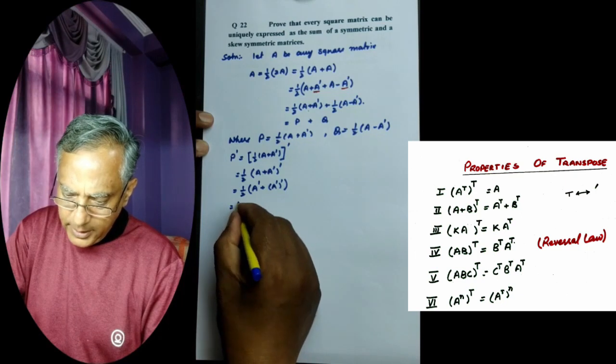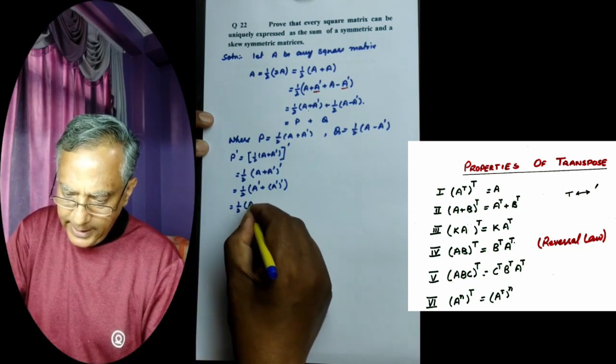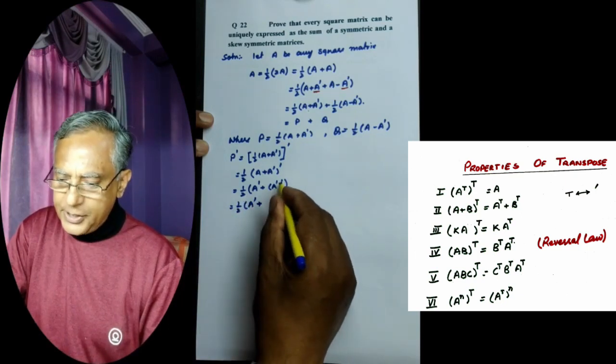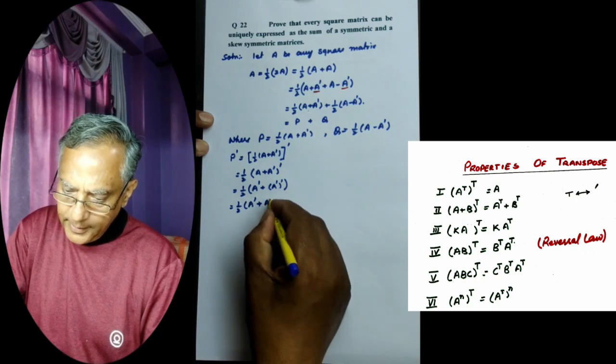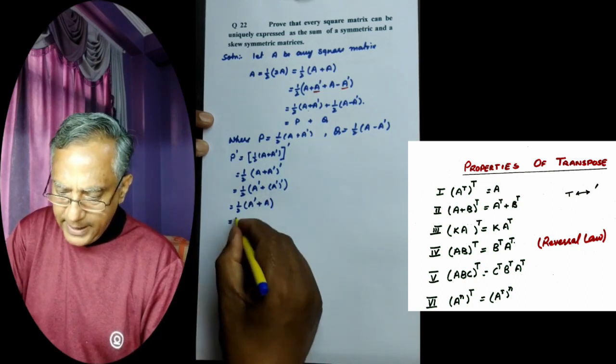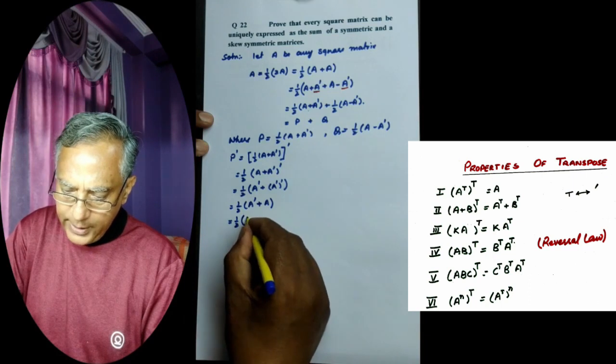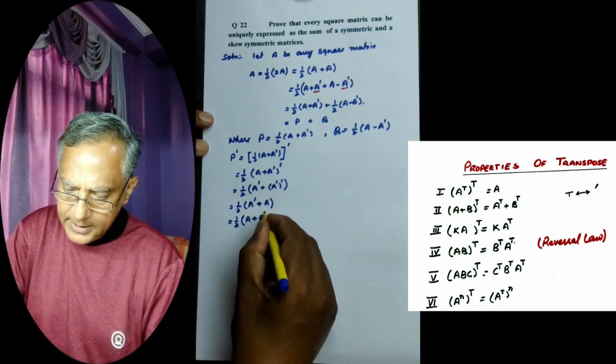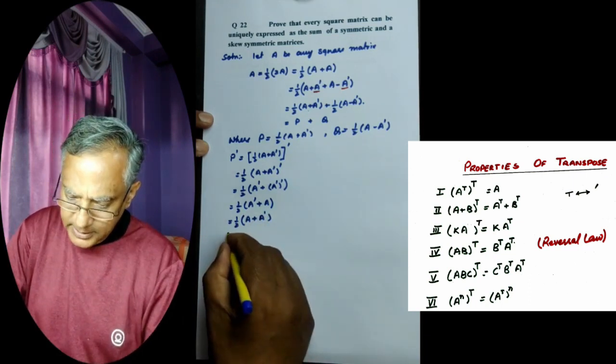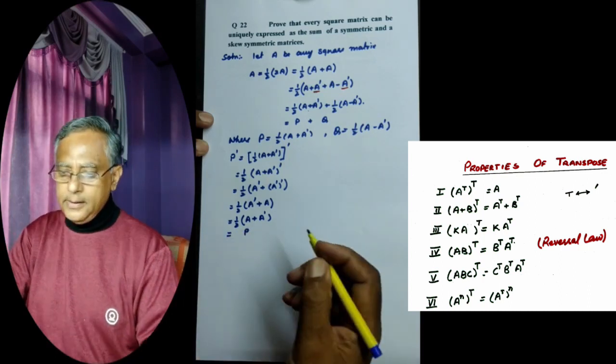So we get 1/2 into (A' + A''), and A'' is A. And since matrix addition is commutative, we can write this as A + A'. So this is equal to P.